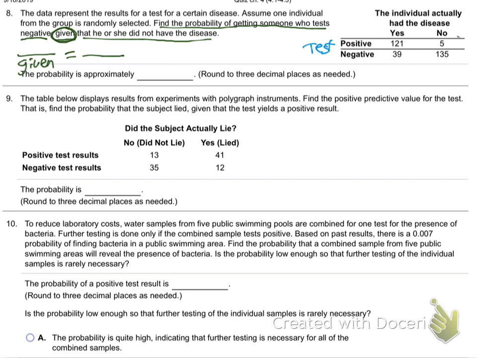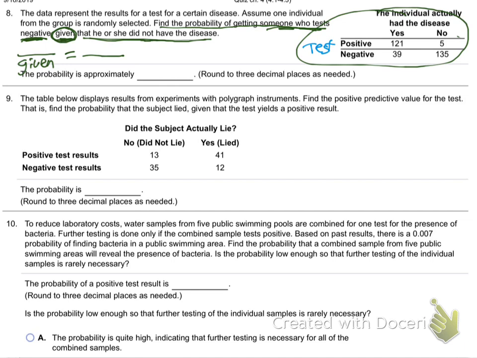So they're saying, hey, we grabbed somebody at random out of this whole group, and find the probability that it's someone who tested negative, given, here's what we know, he or she did not have the disease.